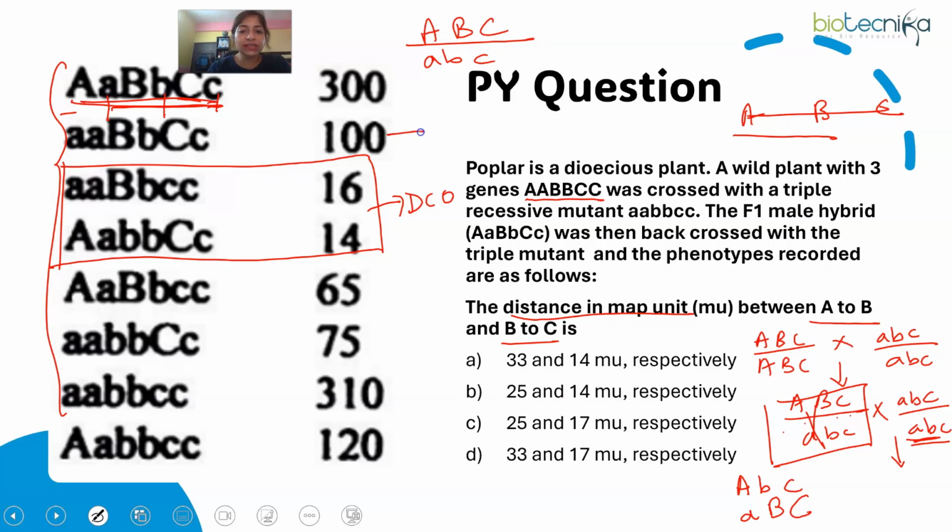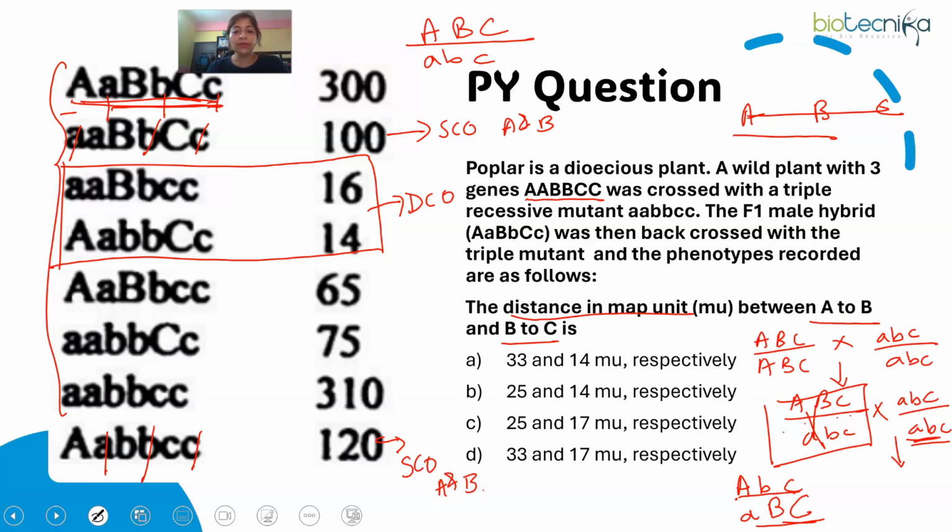So this is one of the SCOs between A and B, where you take out small a, small b, small c and are left with small a, capital B, capital C. And the other one is where you again take out small a, small b, small c and are left with capital A, small b, small c. So this is the other SCO between A and B.